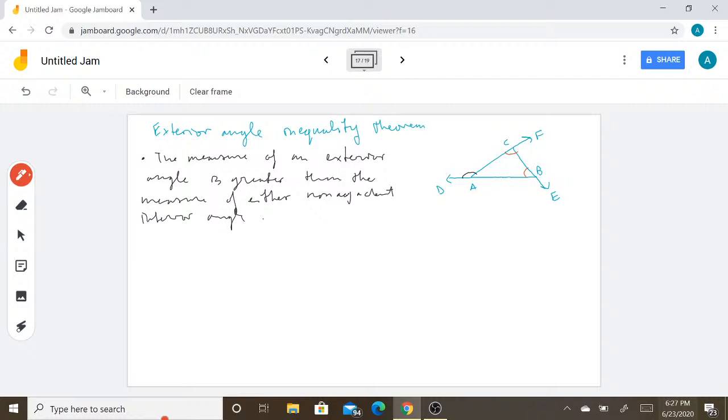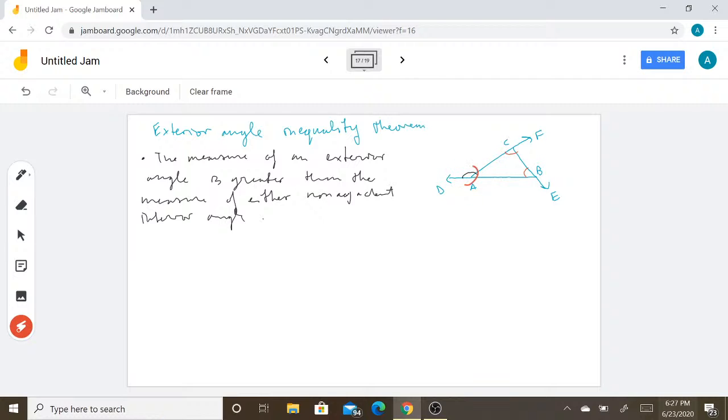So these angles that are marked in red are non-adjacent interior angles, meaning that they are not close to the exterior angle here.